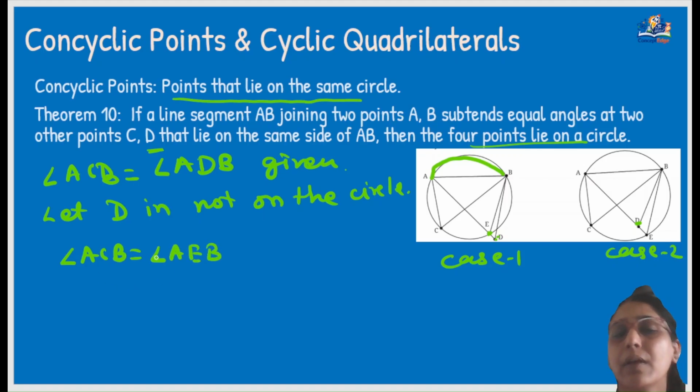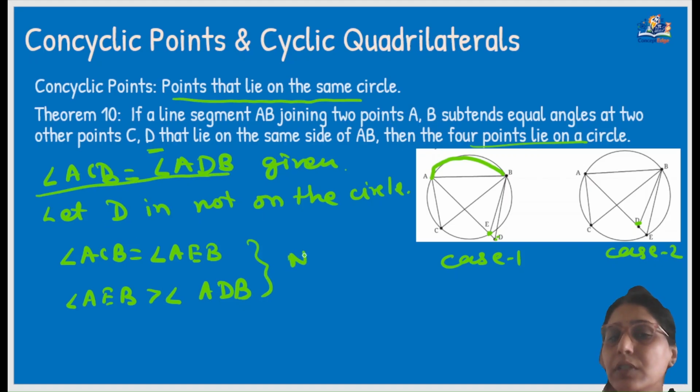As D is the external point, I can say that angle AEB is greater than angle ADB. But this is not possible. Why? Because we are given that ACB is the same as ADB. So this is not possible.